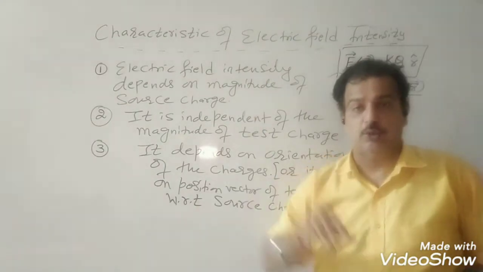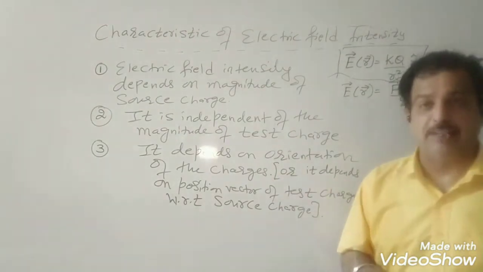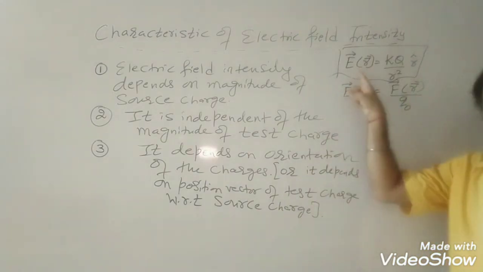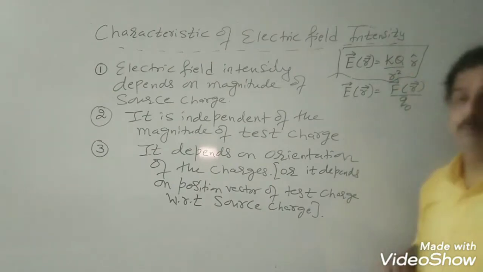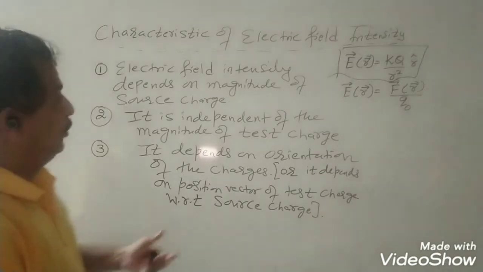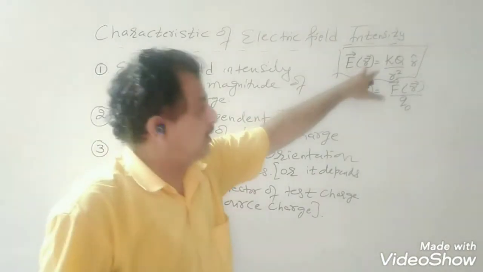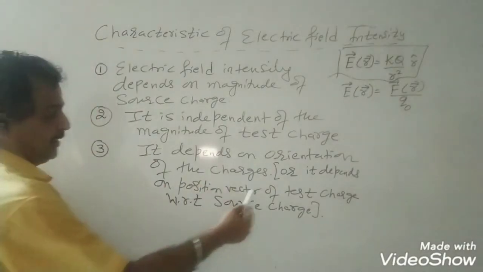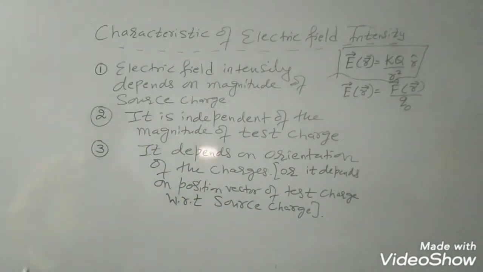If I am near to the source charge, the intensity will be more, and if I am moving away, the intensity will keep on decreasing, because electric field intensity obeys the inverse square law, or it is inversely proportional to the square of distance between the test charge and the source charge. So the electric field intensity within the bracket itself, we say this is the position vector of the test charge, and so we say it depends on the position vector of the test charge with respect to the source charge.